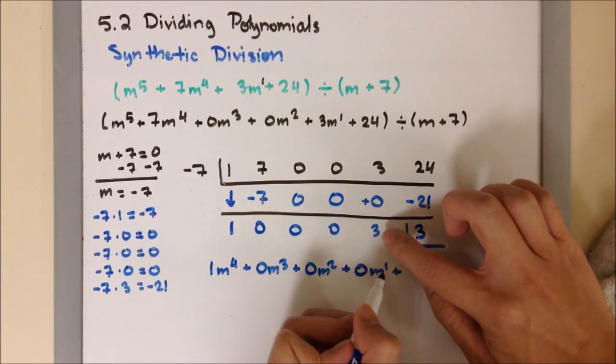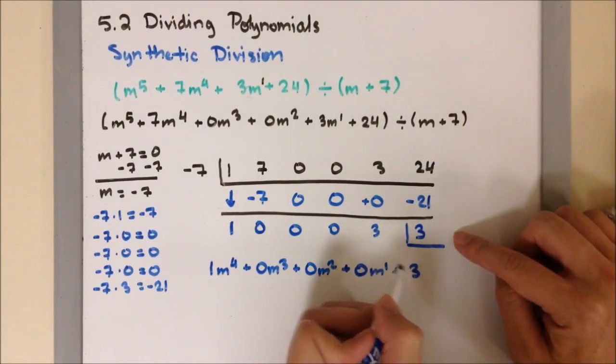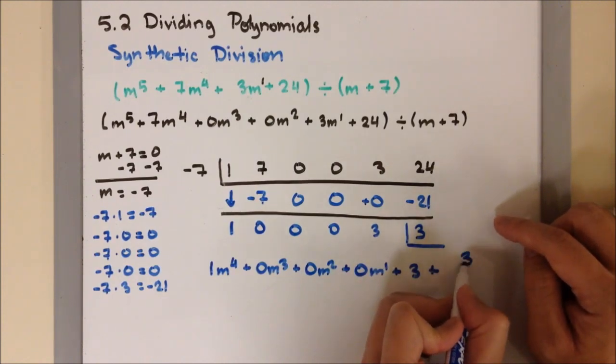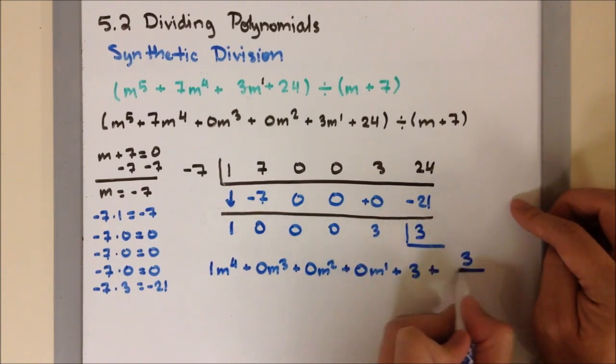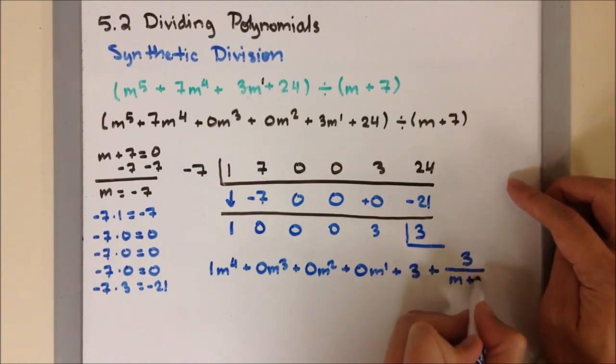Then after that is just a regular number, so since it's positive, plus 3. Here's our remainder, since it's positive, so plus. The remainder is in the numerator of the fraction, and then the divisor is in the denominator.